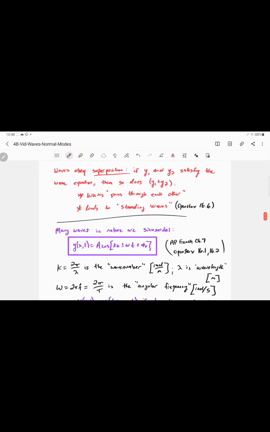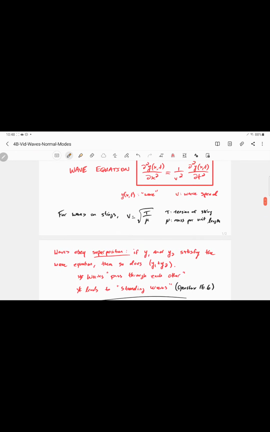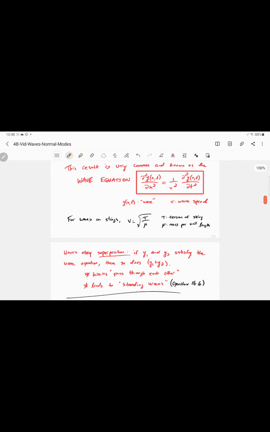One important property, and it's a purely mathematical thing, but it gives rise to a lot of physical consequences: waves obey superposition. If you have two solutions to this wave equation, y1 and y2, both of them separately satisfy this equation with the same wave speed.